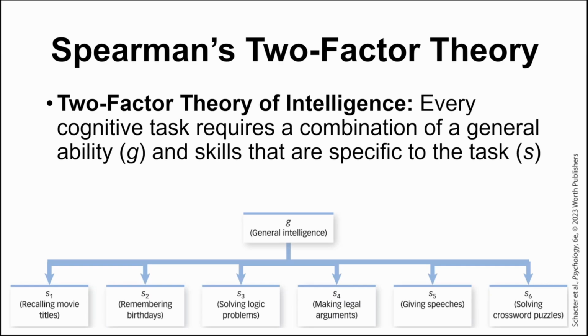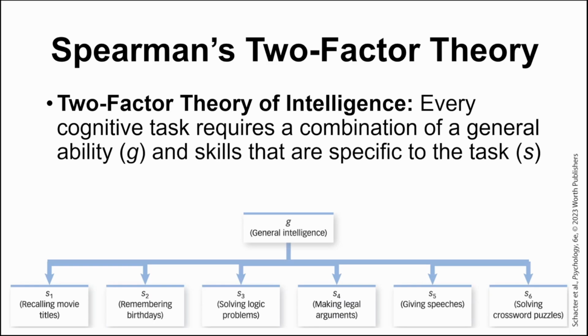So this two-factor theory of intelligence focuses on our first factor being general intelligence or general intellectual ability. And Spearman called this g. Sometimes when you're looking at the literature, you'll see this called a g factor, but it's just talking about general intelligence. And this is what explains that correlation between scores. So if you have a high g, then you're typically going to perform fairly high on other cognitive tasks.